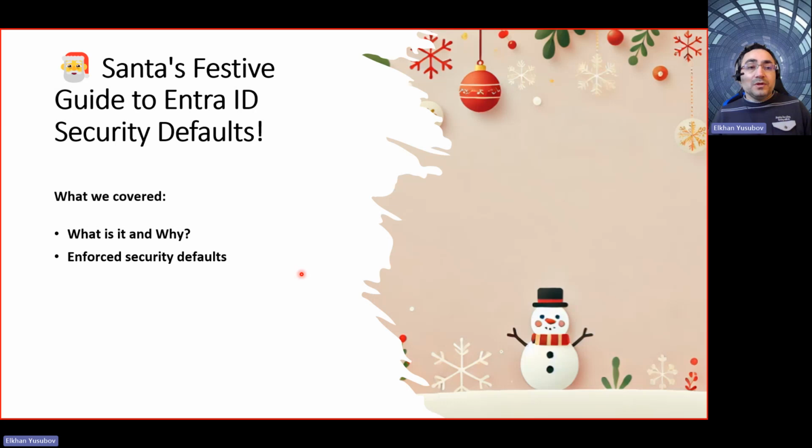Then we looked into how to enforce security defaults, and into different deployment considerations that come with security defaults, as well as how to enable and disable security defaults, and settings on devices, users, and groups, how they could be changed, and what options you have. And finally, we had a small Q&A.